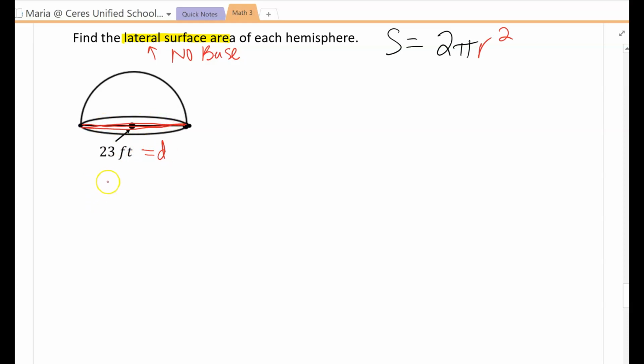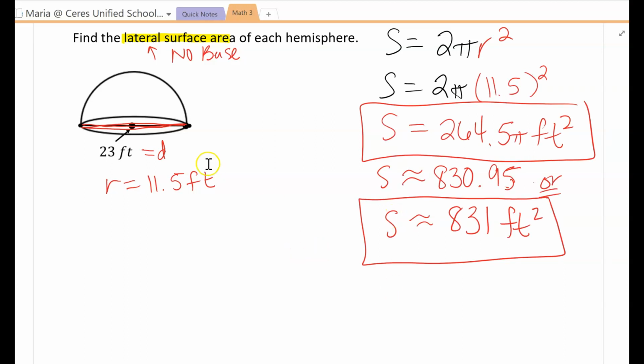So then for the radius, remember you have to divide by 2, so 23 divided by 2 is going to give you 11.5 feet for the radius. So go ahead and pause the video and then try this one, see if you get the correct answer. Once you finish, go ahead and replay the video to check your answer.